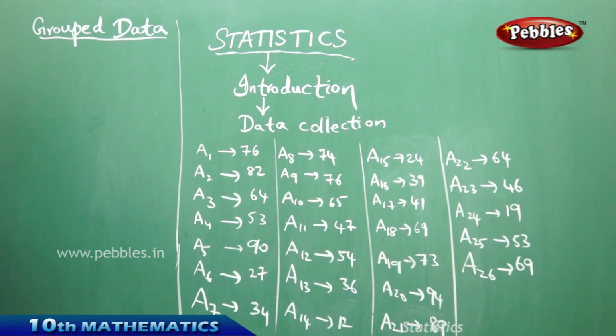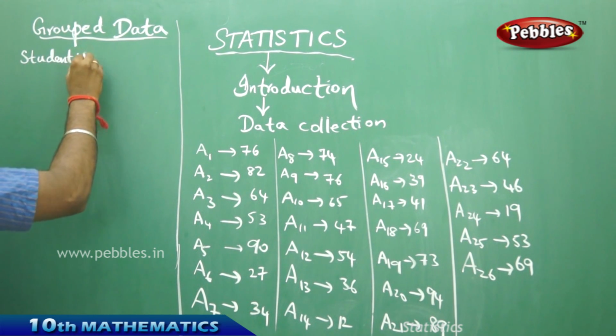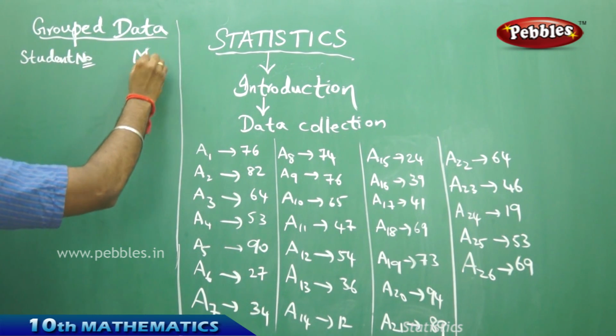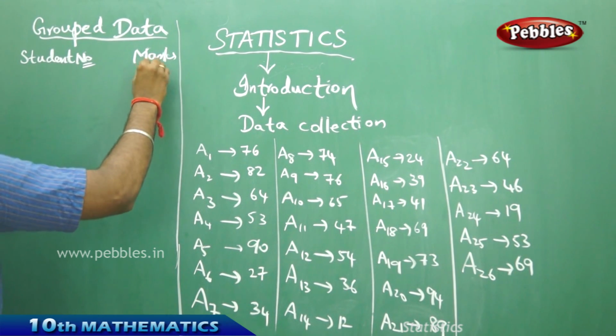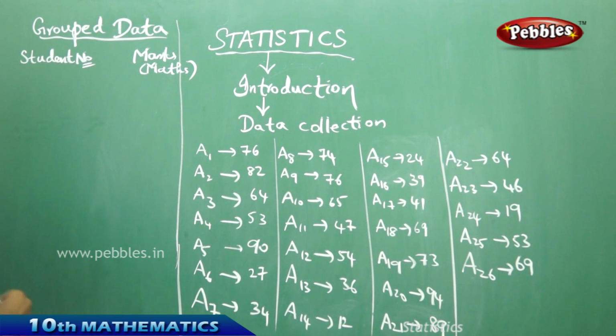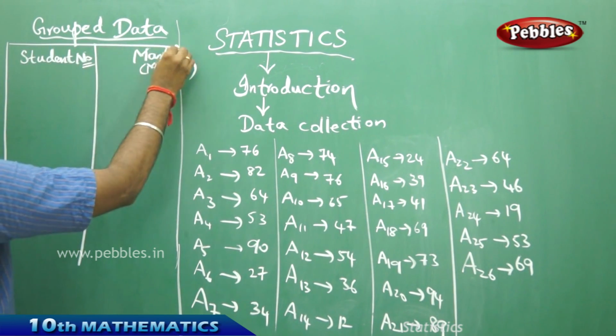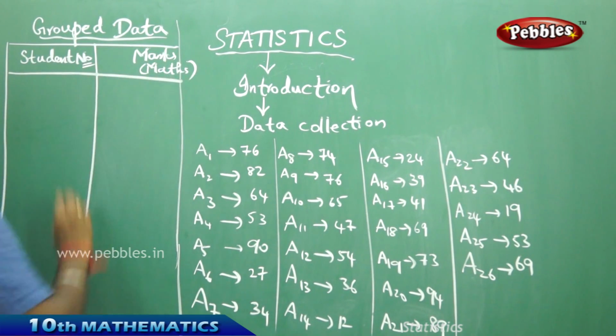So for a group data, I take student number here, and marks in mathematics out here in the second column. So the subject of student number comes in the first column, and the marks as obtained by the student comes in the second column.